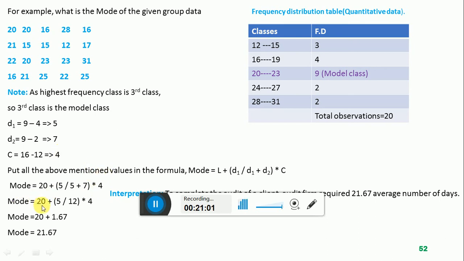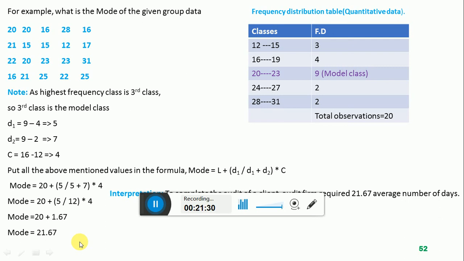Mode is equal to 20 plus 5 divided by 12 multiplied by 4, so mode is equal to 20 plus 1.67, and mode is equal to 21.67. So we calculated the average number of days that the audit firm requires to complete the audit of every firm, that is 21.67 days.